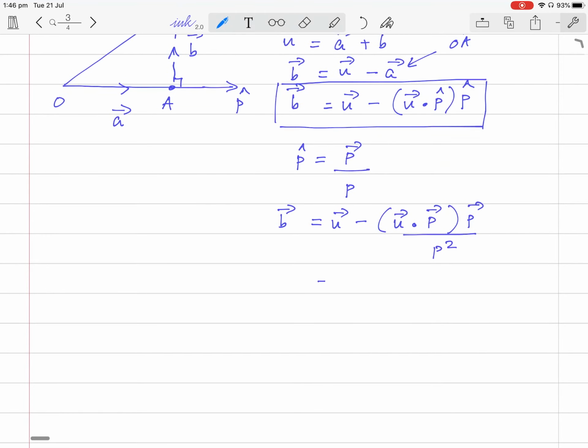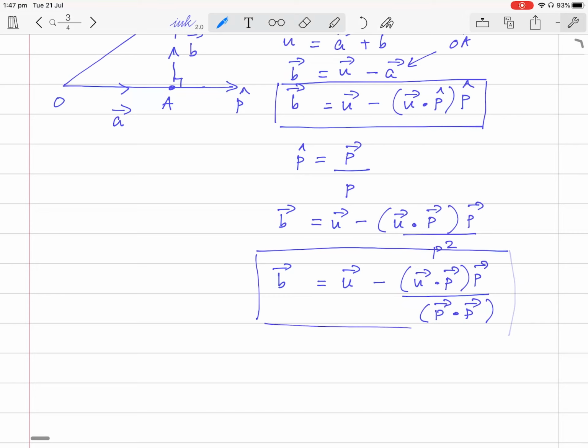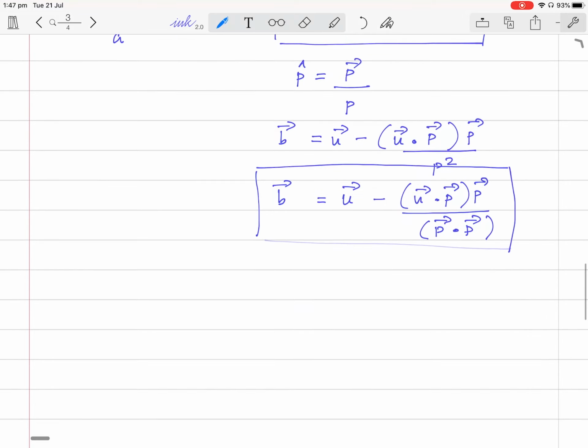I showed you this before as well. So now U vector dot P vector, outside you have P vector, and P squared is nothing but P vector dot P vector. I showed you these things before. So you can write that in this way or in the previous way.